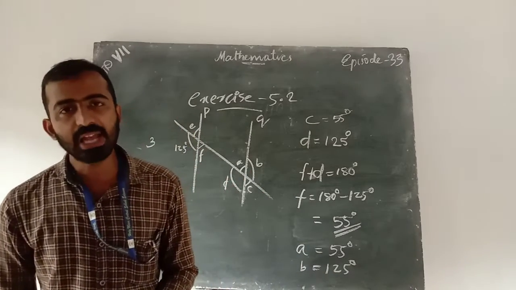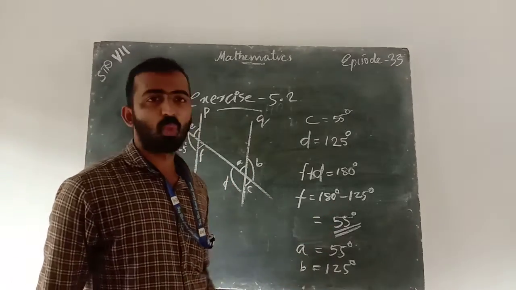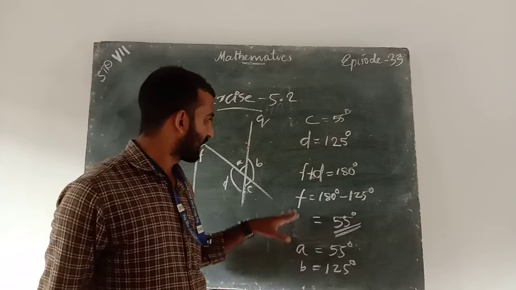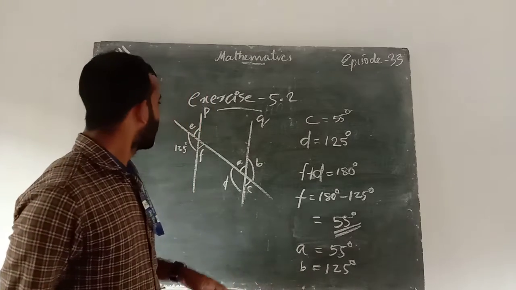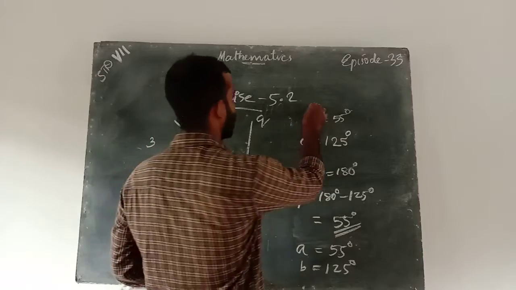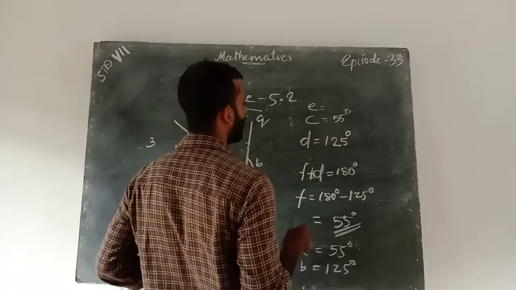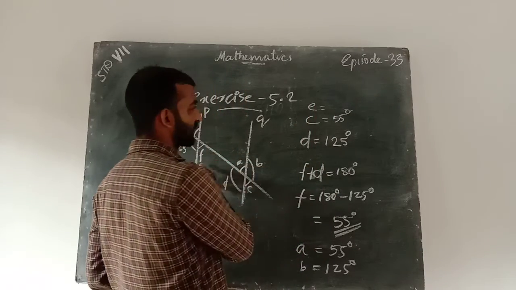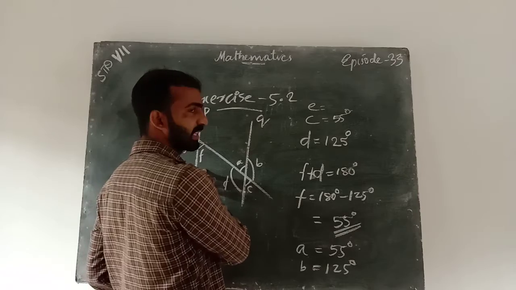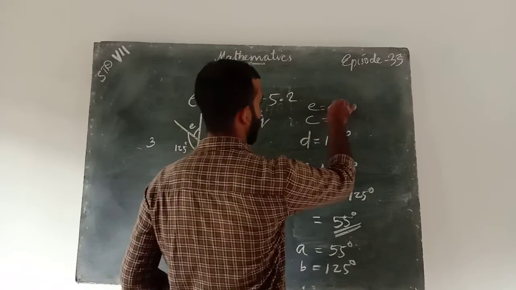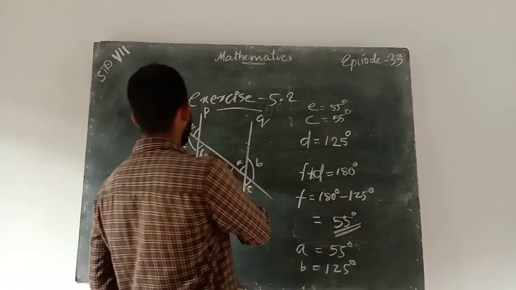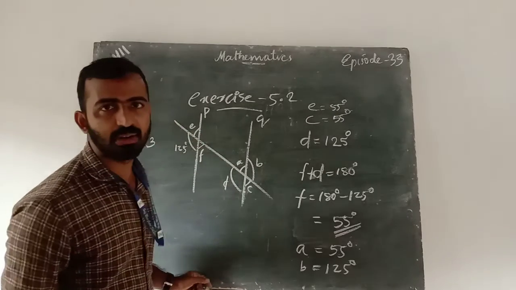And D equal to 125 degree, and E equal to also what? What is F? That is 55 degree. That is, E is also 55 degree, because these angles are opposite angles.